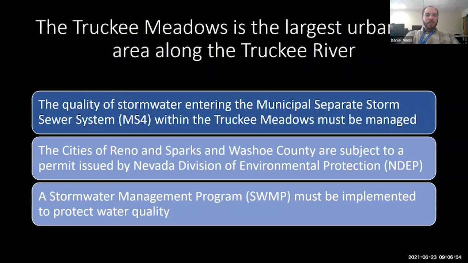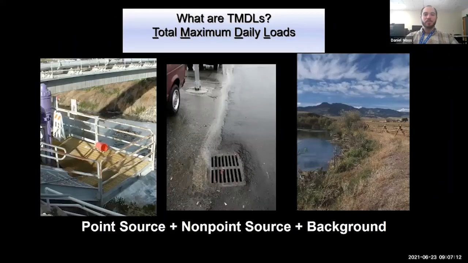And another technical term here, the stormwater management plan, is something that our committee, the 3 entities, have created to address the MS4 permit and to explain to the state how we're actually doing our part to protect water quality.